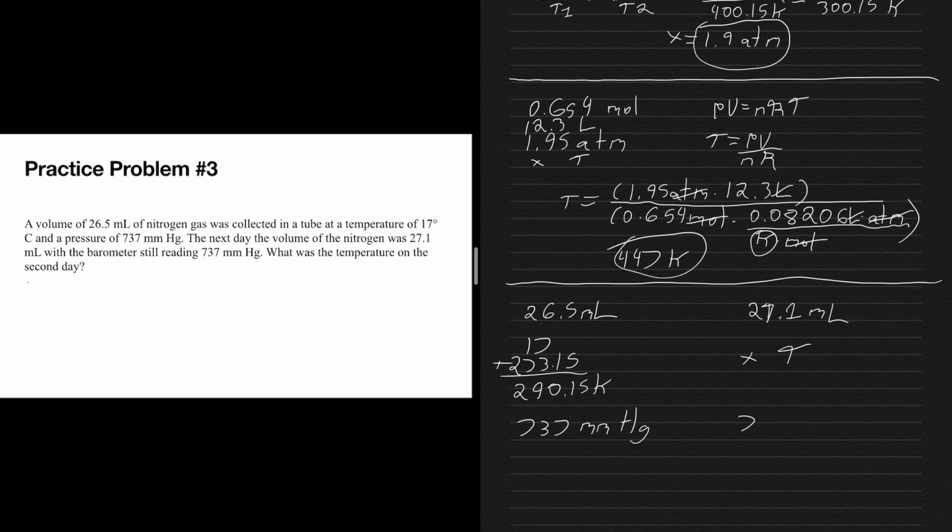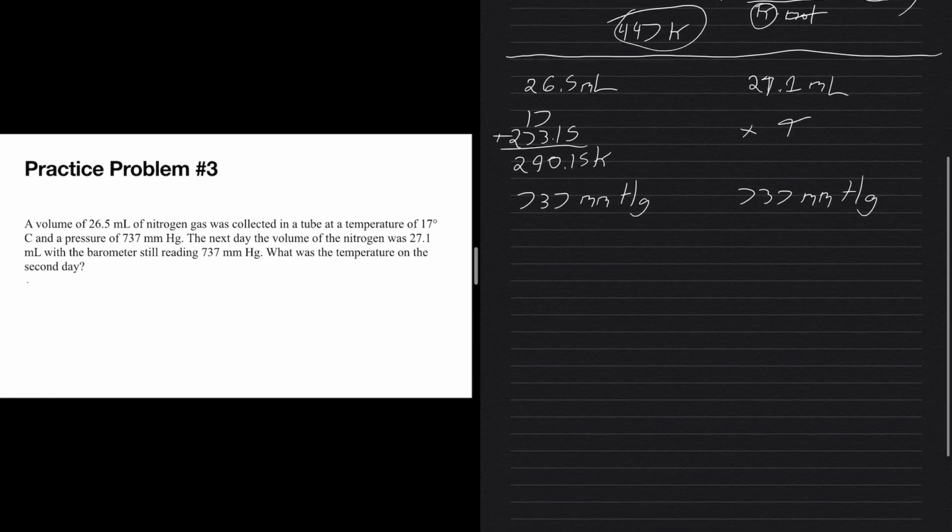And we know the pressure stayed the same. So from this, what law are we going to use? Well, we see the pressure is a constant, so that means that we can use Charles' law, which shows V1 over T1 equals V2 over T2.